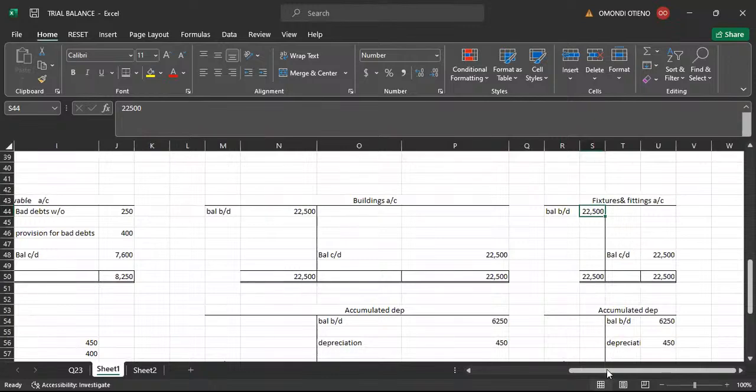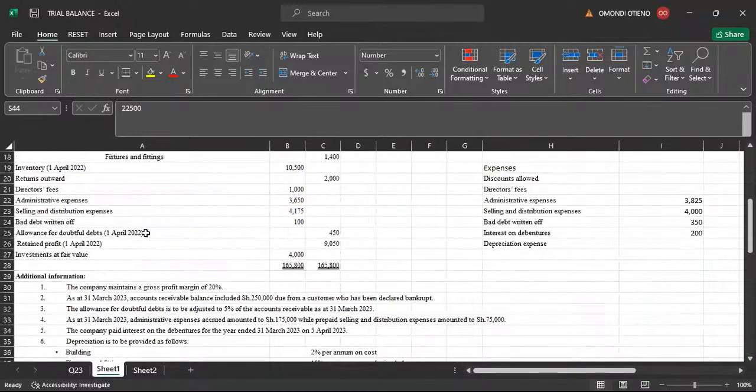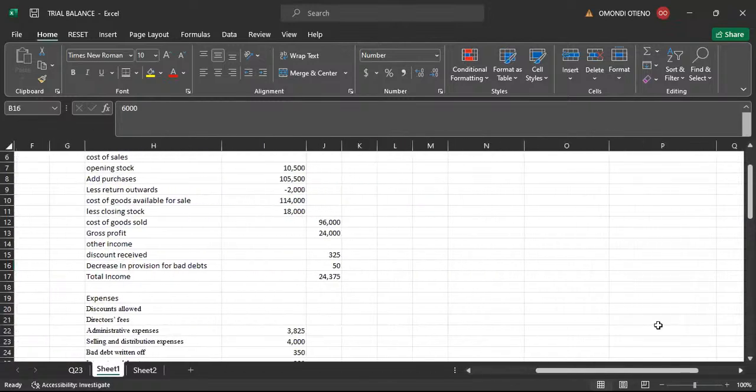So my balance brought down, or my cost of this asset, the cost, is 6,000. Whatever has been depreciated is 1,400. It means I'm able to get the net book value.